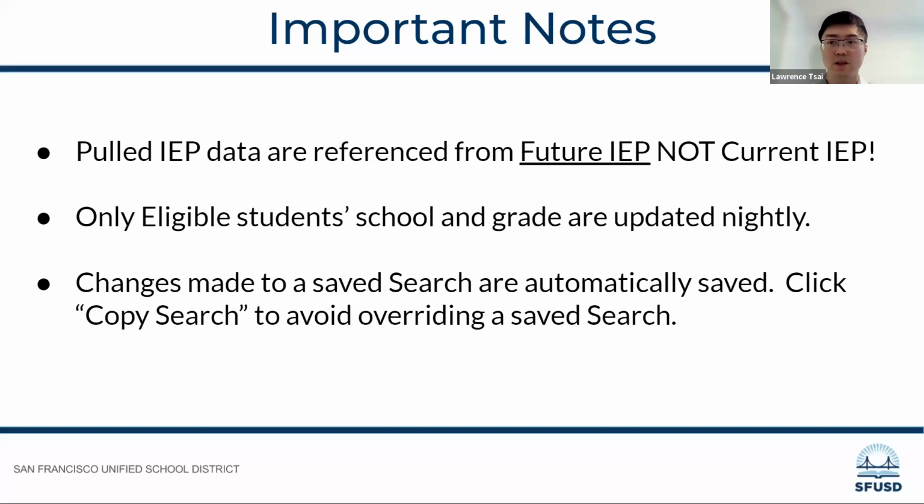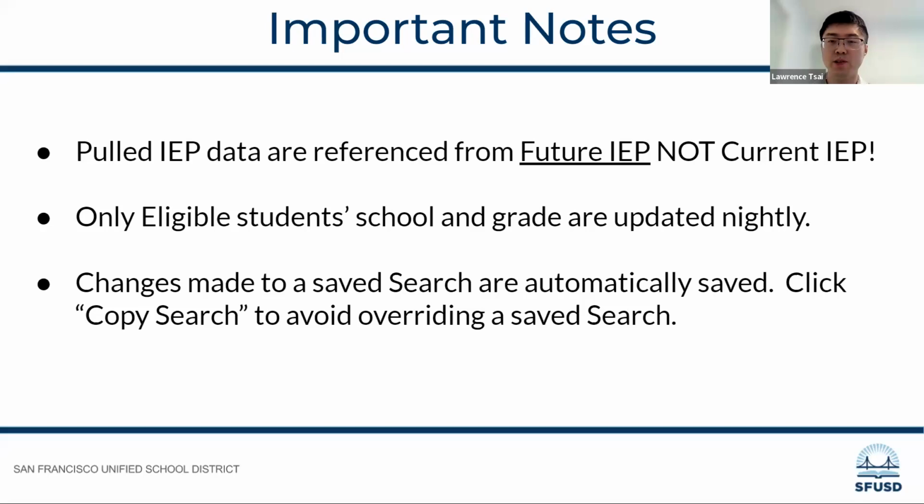Yes. Unfortunately, sometimes it takes case managers a while before they affirm an IEP. I'm wondering if this data is being pulled from, well, sorry, I'm rusty. If it's in the future, then it's not affirmed, correct?